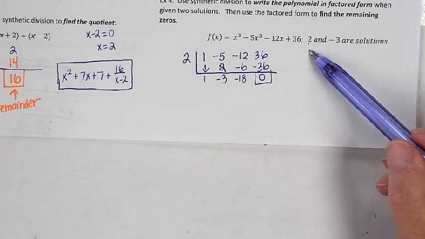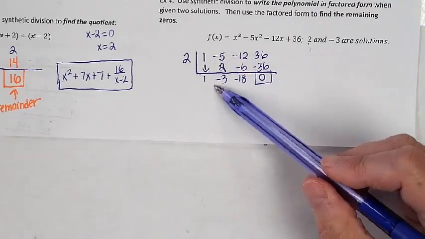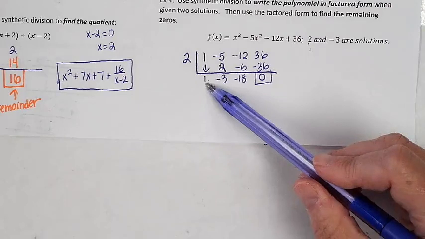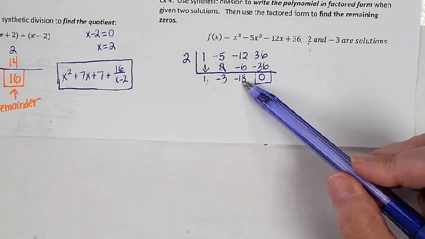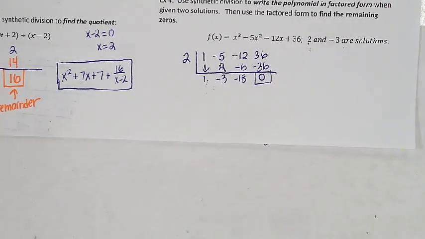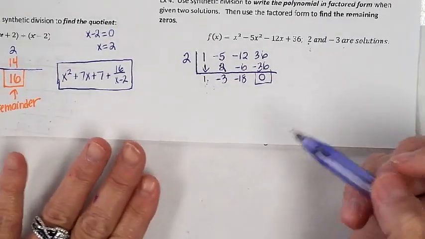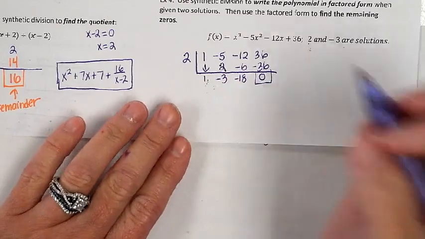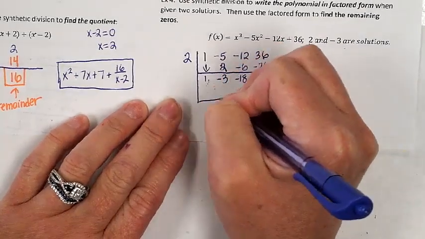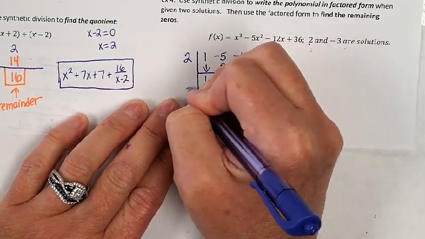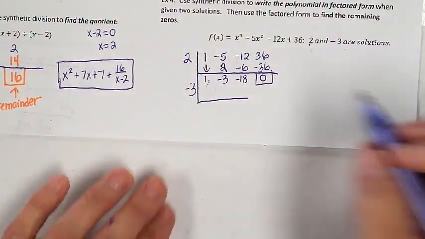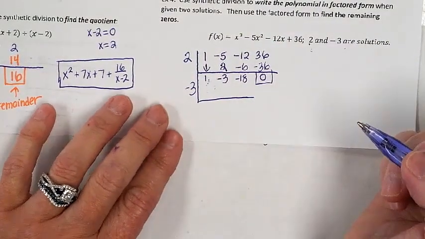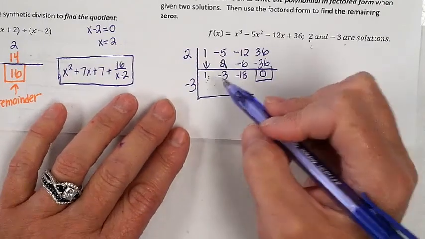I also know that negative 3 is a solution. So you don't have to rewrite anything. I can use this same answer, and I can synthetically divide that by negative 3. So bring down the 1. I'll let you synthetically divide again.